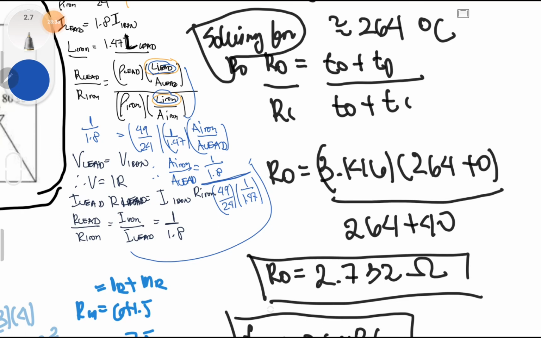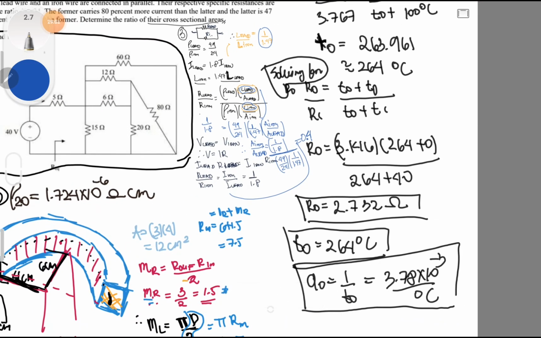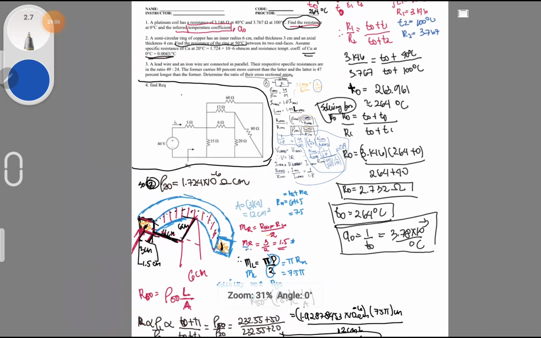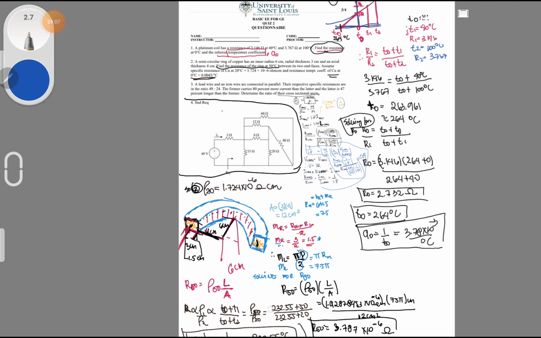So, makukuha natin yung value niyan. So, 1 over 1.8 divided by 49 over 24 multiplied by 1 all over 1.47. So, we'll have a value equal to 0.4. Okay? So, ito yung sagot natin. That's for our number 3.